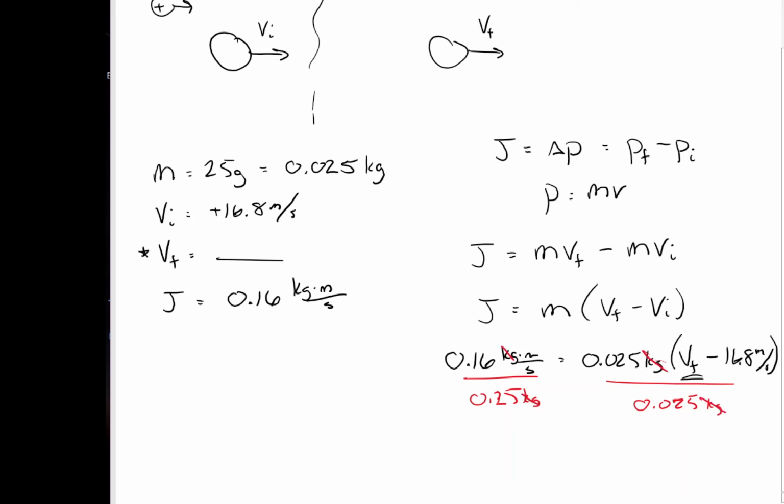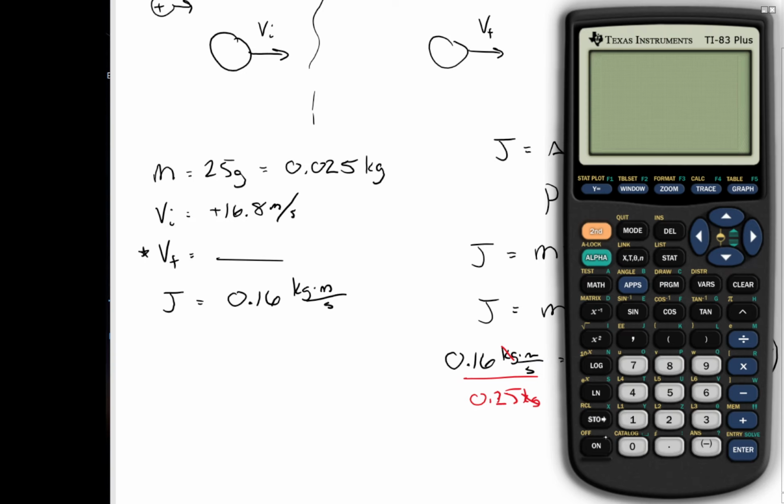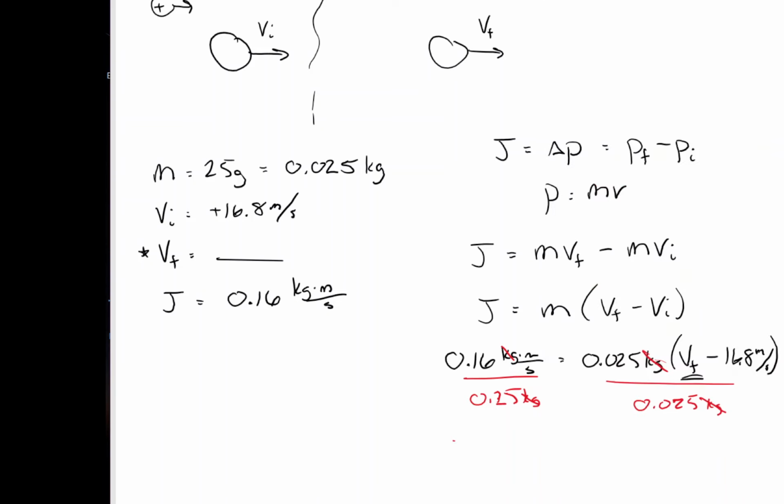We're now in meters per second on the left, and it's only velocity on the right. So as expected, we have only meters per second there. So I'm going to take the 0.16 and divide it by 0.025. I think I had a typo in my original work. I get 6.4 meters per second is what the change in velocity is.